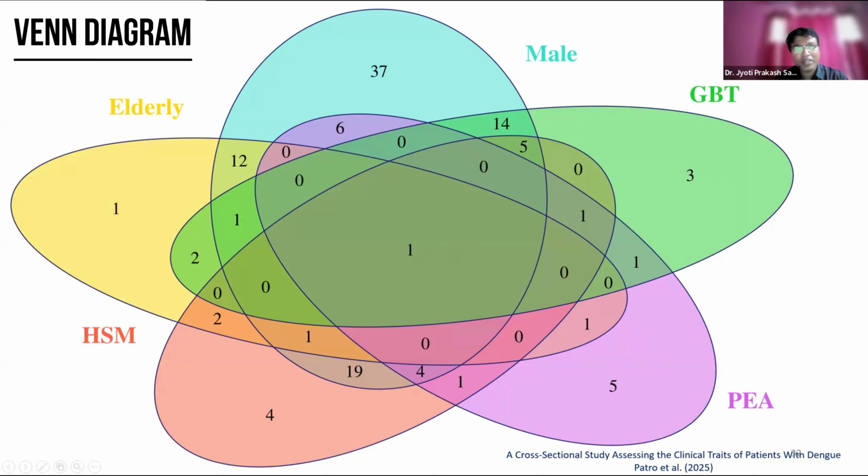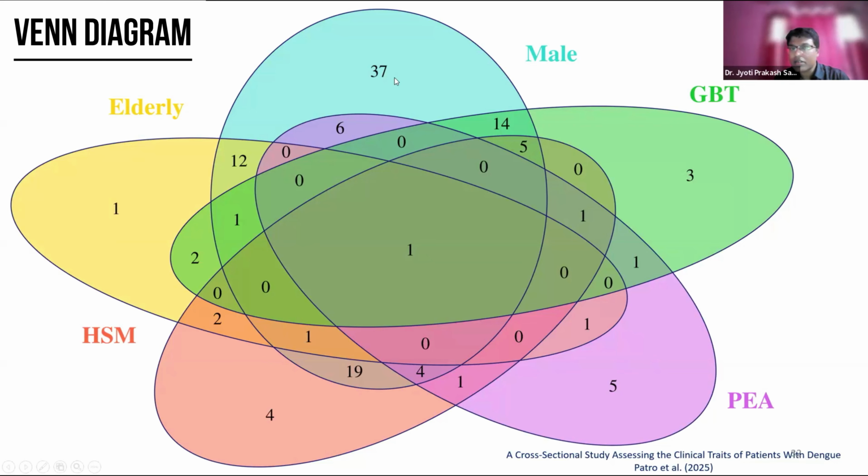The problem with a Venn diagram is that we have to segregate into only two groups: yes, no, male, female, elderly, younger, black and white, more or less, present or absent. Then only we can do this Venn diagram, inside or outside the diagram. This 37, we are just deciphering this.